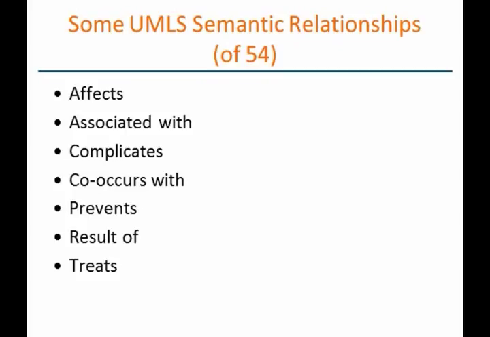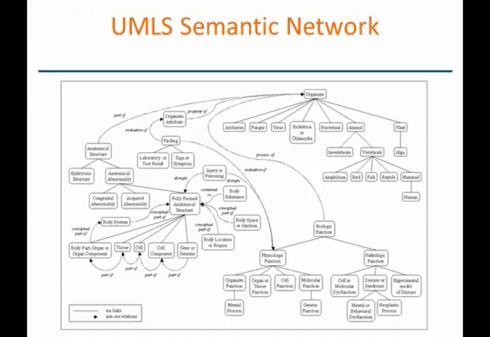Affects is obviously a key one. Diabetes is associated with kidney disease. Diabetes complicates heart disease. Diabetes and kidney disease co-occur. These relationships are very useful, and this is a map of, I don't know how easy it is to see, but you can see all these relationships and the way they're related in the semantic network.